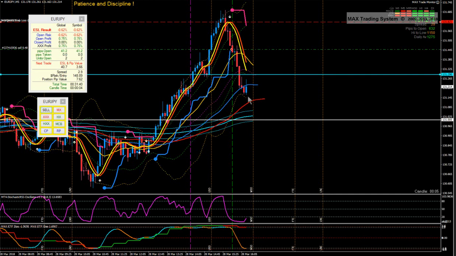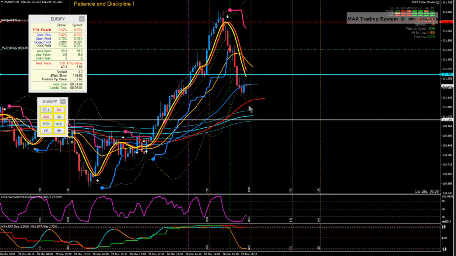So in a few seconds, this candle will close. Let's see if it will trigger an exit setup. Let me check. No, we don't have the exit setup yet, not yet.